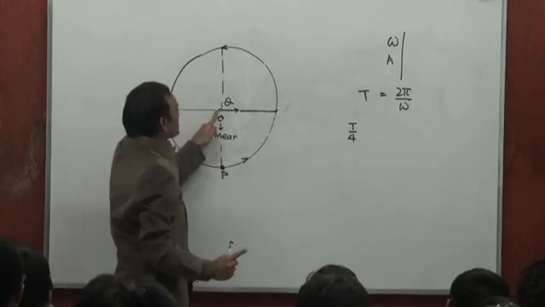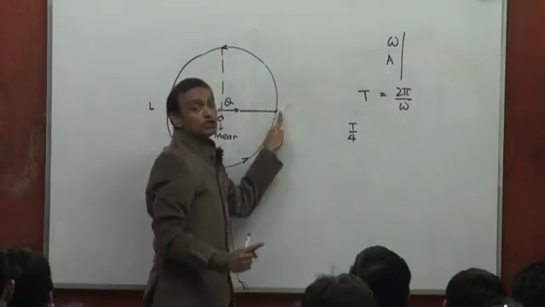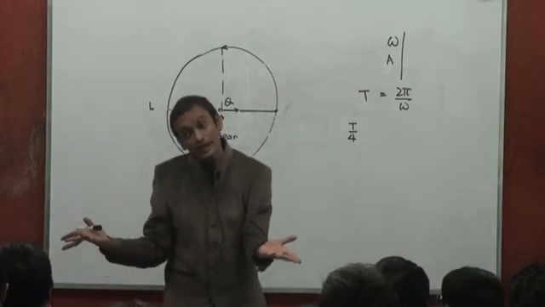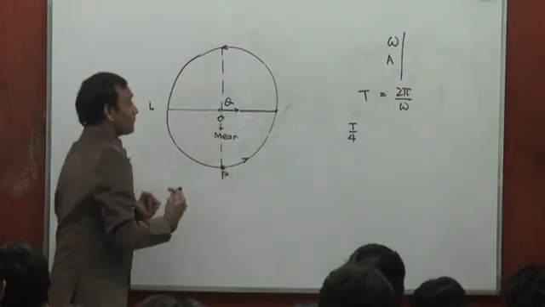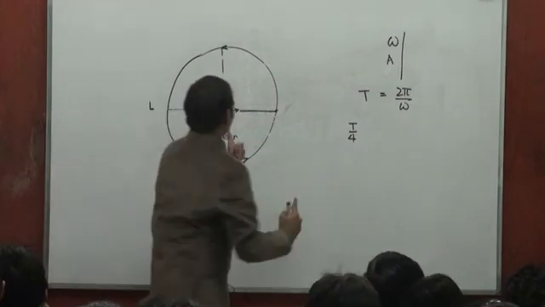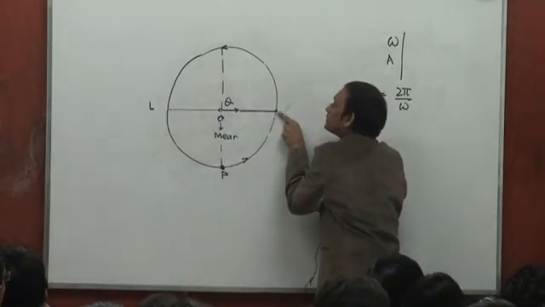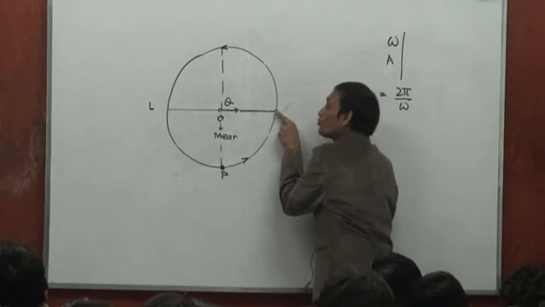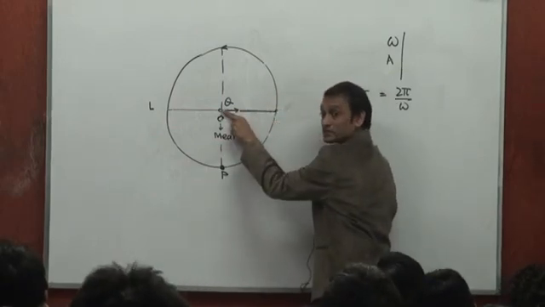And that's also going to be the time taken by Q to go from the mean position to the extremity. So the time taken to go from the mean position to the extremity would be 1/4 the time period. And again, the time taken by Q to go from the extremity to the mean position.